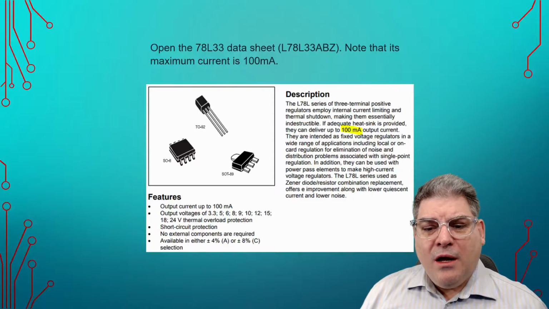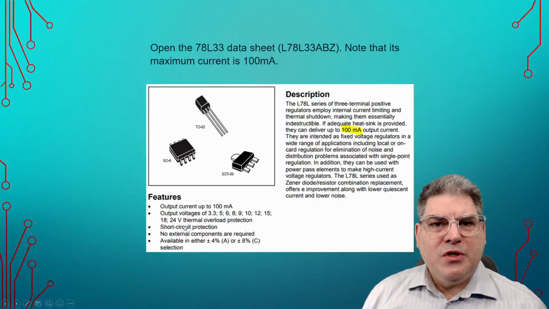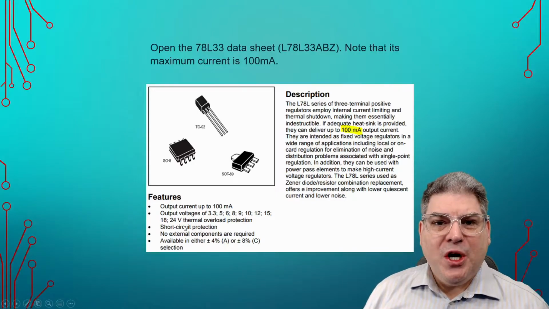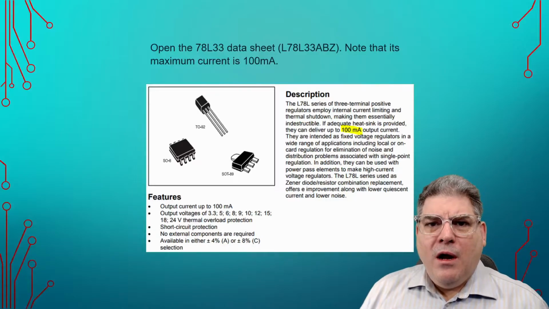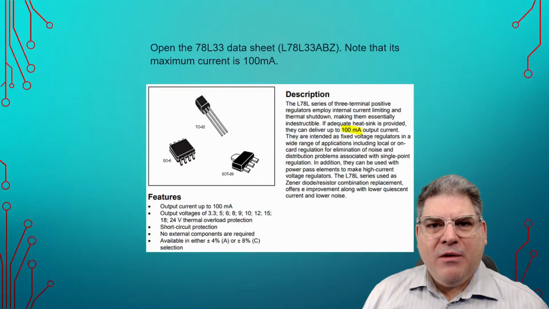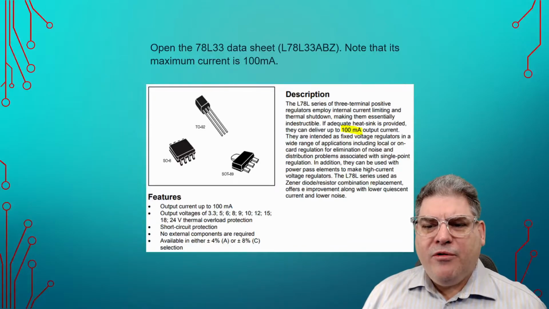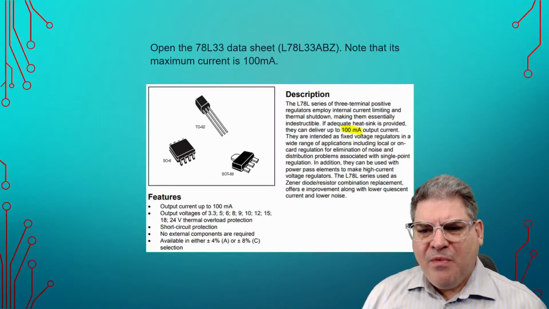And so here it says that it has short circuit protection. So it's actually going to shut down. All right. And so that's one of the reasons why we couldn't actually make that circuit work. So we're going to come back to how to make it work here in a second, but I want to draw your attention to a few other things.